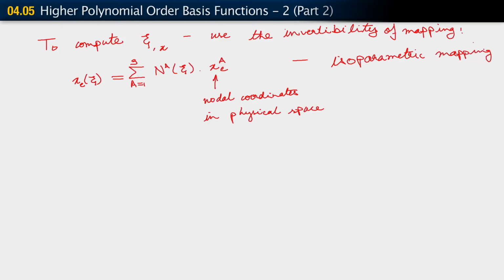What this implies for us is that over element E, we have x,ξ is now the sum over A going from 1 to 3 of N_A,ξ times x_A^e. But just on the previous slide, we've computed N_A,ξ for A equals 1, 2, 3.